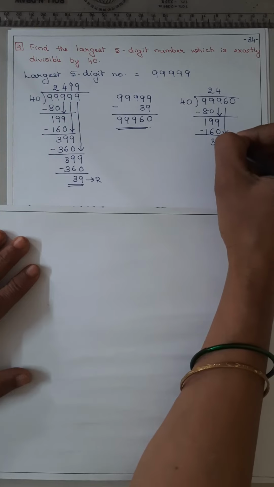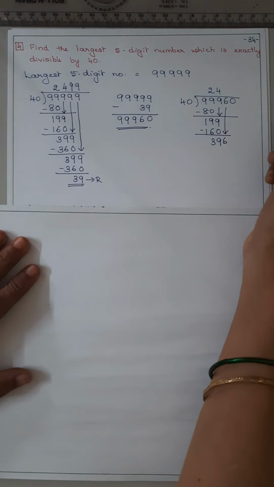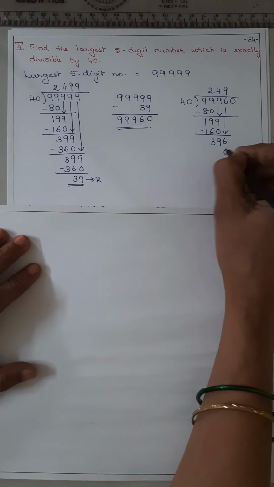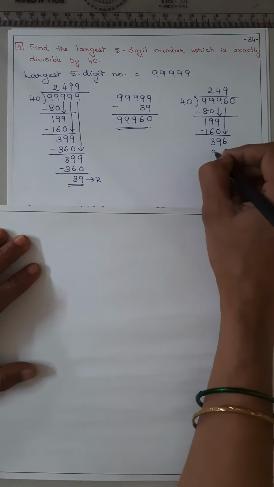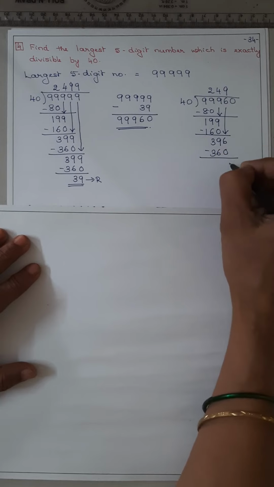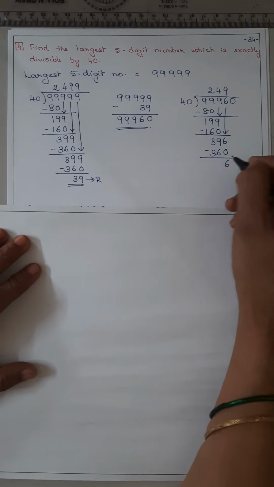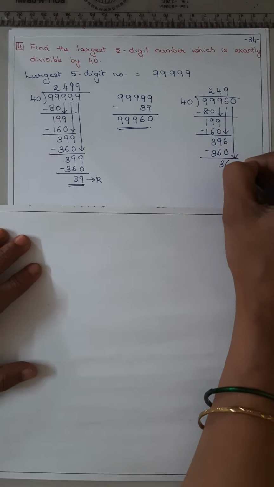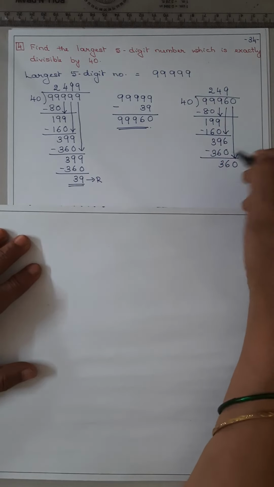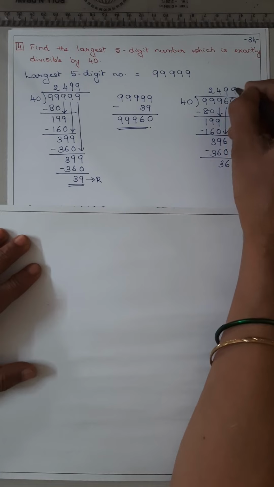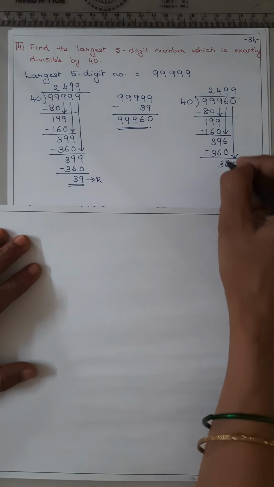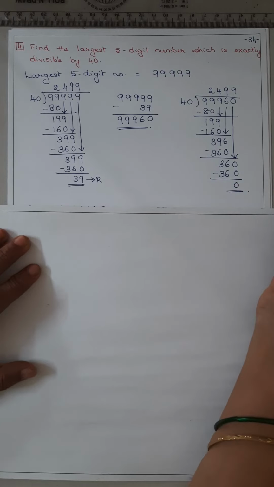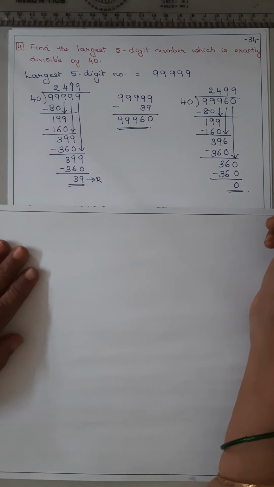Bring 6 down. 9 4s are 36. So 9. Zeros are 0. 9 4s are 36. 6. 9 minus 6, 3. Bring 0 down. 9 4s are 36. 9 zeros are 0. Remainder is 0. Now it is exactly divisible.